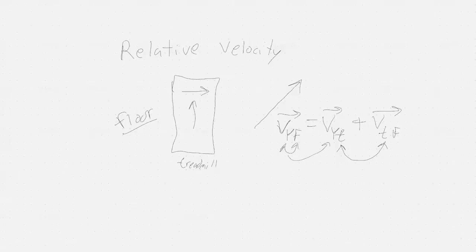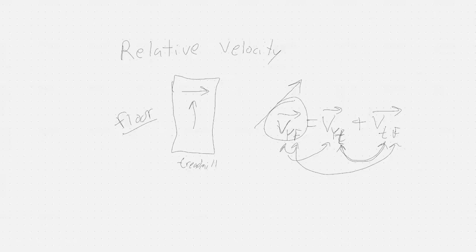And then you make the other one the velocity of the treadmill, the common intermediate reference, versus the second reference. And anytime you set up this kind of sandwich, you will always appropriately calculate the velocity of the first relative to the velocity of the last.